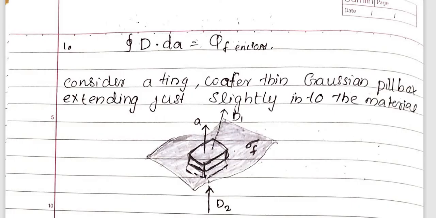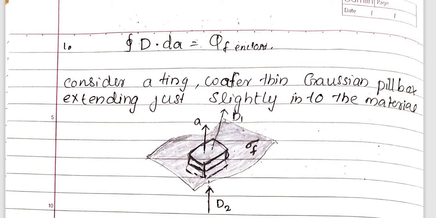Normally any vector can be split into two components, a parallel component and a perpendicular component. Here also we will find the perpendicular and parallel components of E or D, and also of B, or we can write it in terms of H.